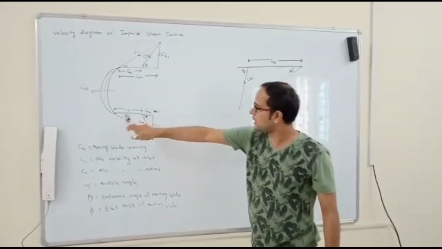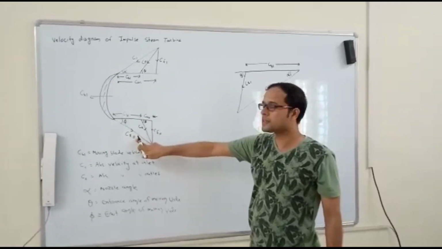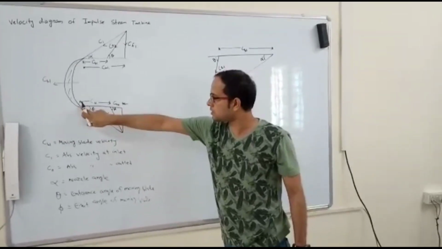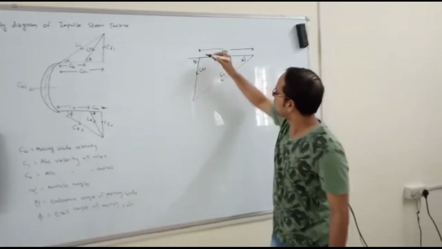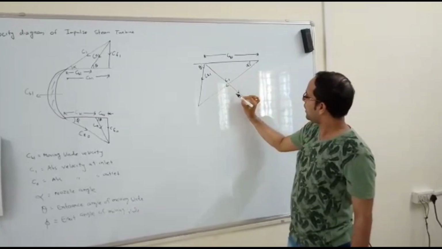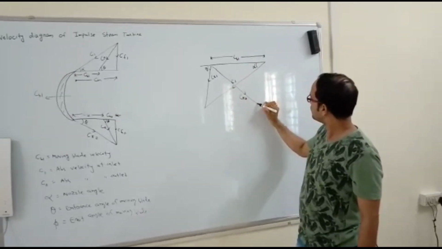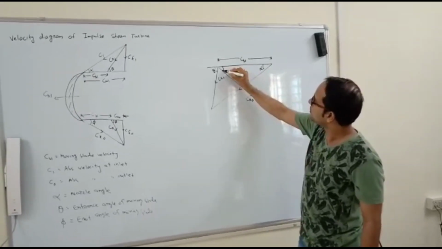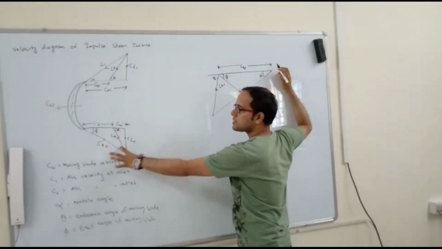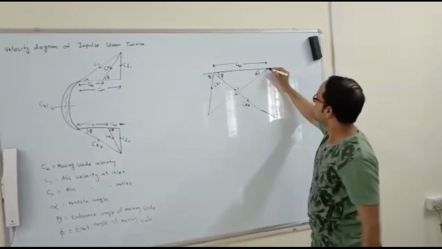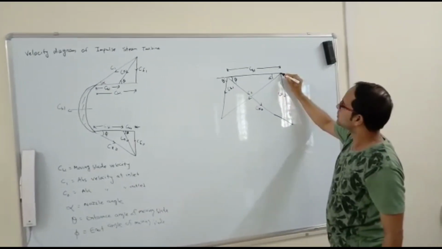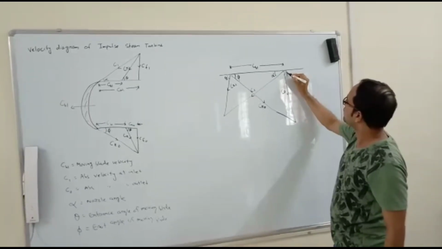Then in the outlet triangle, CR0 is the relative velocity at exit of the turbine blade with an angle phi. So here draw CR0 with an angle phi. Then at the other end, this is C0, the absolute velocity at the exit of the turbine, with an angle beta.